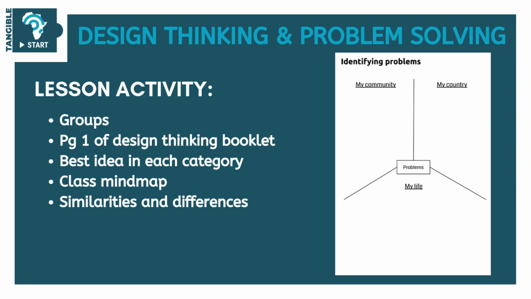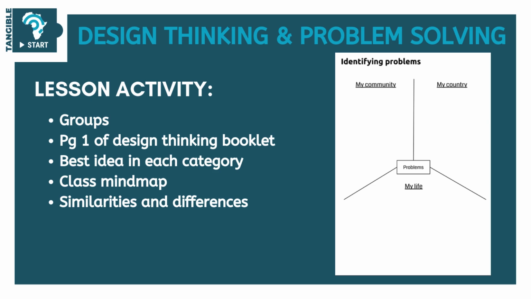It's also really interesting to point out the similarities and differences between what different children struggle with and what they view as problems. Once they've had some time to work on it, you're going to give each of them 3 pieces of paper, and they're going to choose their favorite problem from their life, their community, and their country, and write it on the piece of paper.